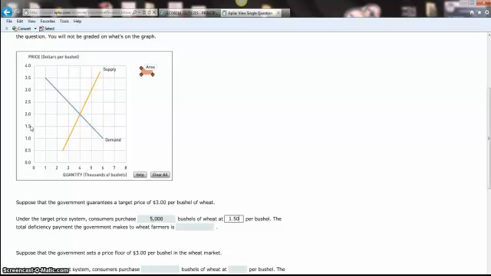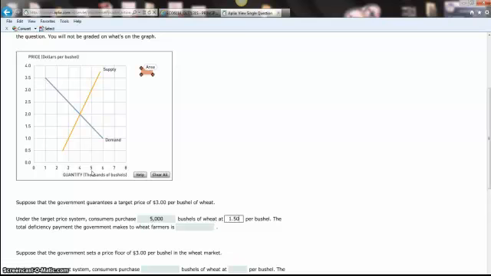Then what's going to have to happen is, since demanders are only paying $1.50, and the government wants farmers to have $3 for that grain, the difference between the two is $3 minus $1.50, so the government is going to have to kick in $1.50 per bushel for the 5,000 bushels of grain that the suppliers are going to be supplying.